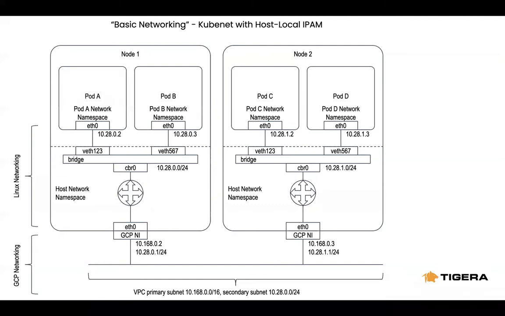So anything destined to the /24, in my case on the left-hand side on node 1, for instance 10.28.0.0/24, is going to go to the bridge. Anything destined to anything else is going to be routed to the GCP network interface, and then outside.